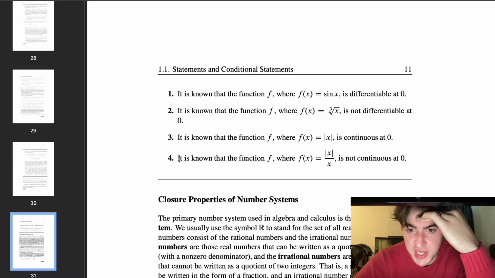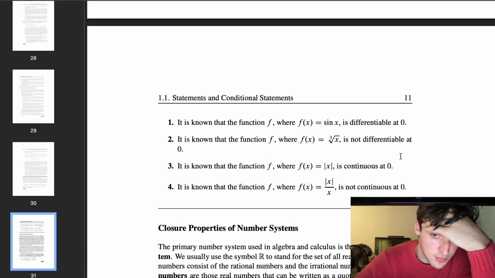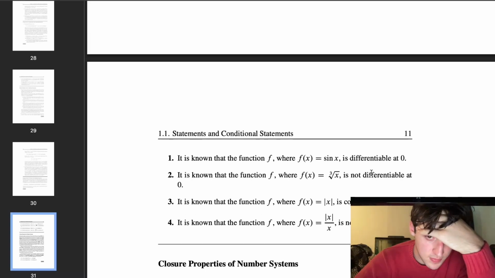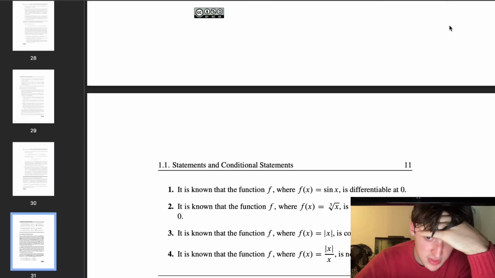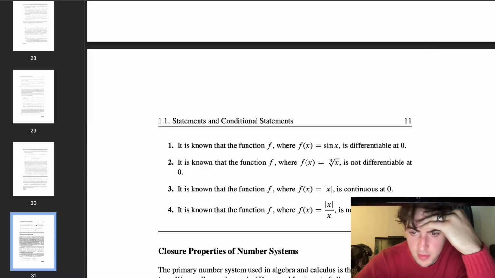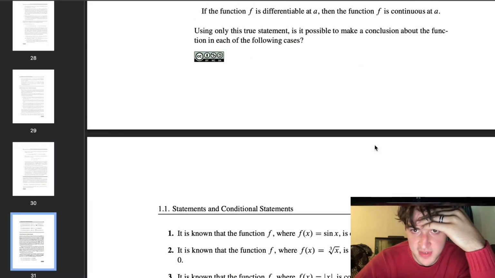It is known that the function f, where f of x equals absolute value of x over x, is not continuous at 0. So I would say that that would render this statement true in that case. It certainly doesn't falsify it, because it doesn't match the hypothesis of if f is differentiable at a.